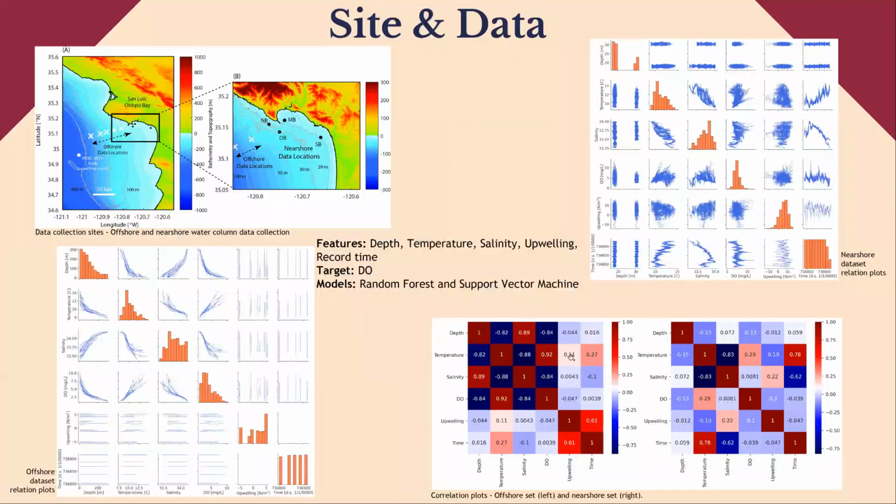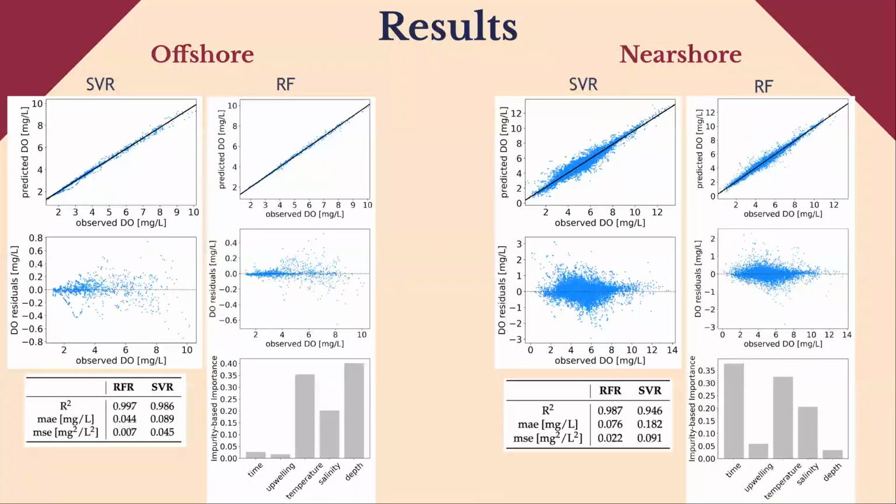We can see that easier in our correlation plot. This is a Pearson correlation matrix, and we can see the offshore set is still correlated between the different features, and the nearshore matrix is very low correlated.